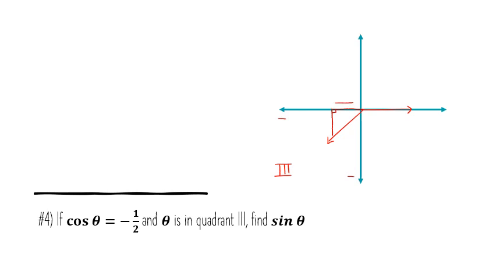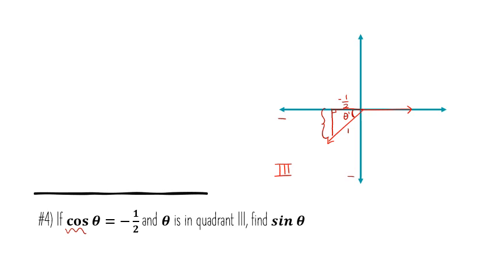So the direction I'm going in the x direction is negative, and it is in fact negative 1/2. Remember, this is our reference angle theta prime. The adjacent side along the x-axis is what I'm given with cosine. Again, I'm going to make that hypotenuse equal to 1. So what's the missing side length?